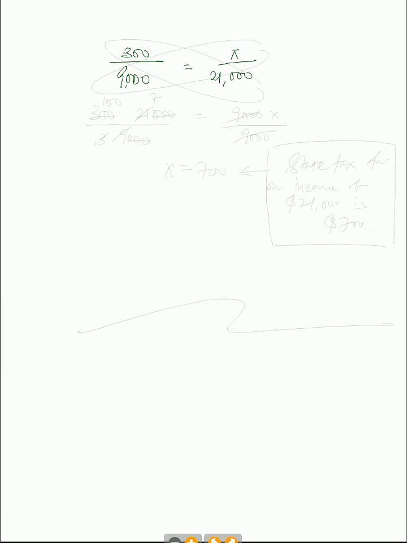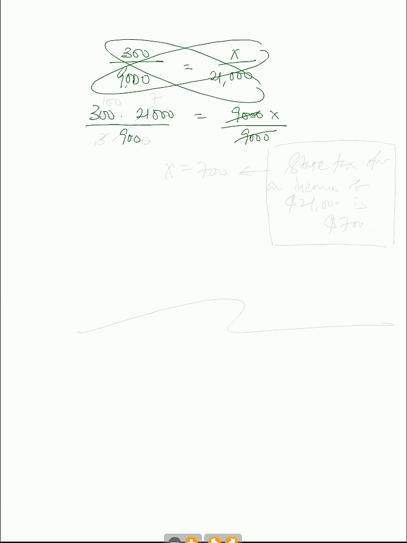One quick way to do it is to cross multiply, which is what we discussed. That comes out to be 300 times 21,000 is equal to 9,000x. But your job is to find x, so I'm going to divide by 9,000 on both sides. Now this is a class where you can use a calculator, so go ahead and multiply.